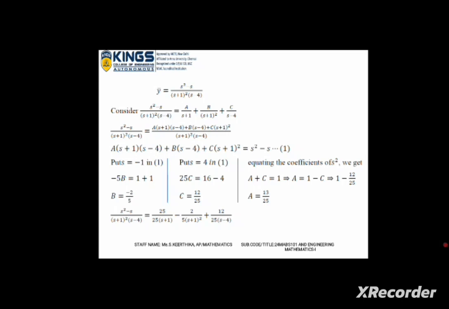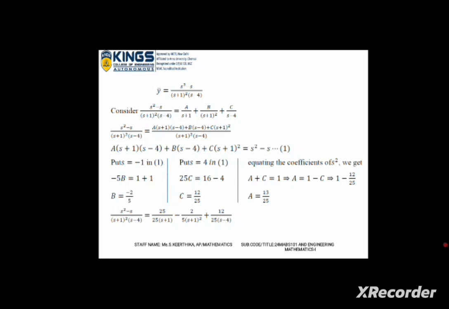Now consider taking the partial fraction. See, the denominator has power 3, so we need to take 3 constants, that is A, B, C. s squared minus s by s plus 1 the whole squared into s minus 4 equal to A by s plus 1 plus B by s plus 1 the whole squared plus C by s minus 4.